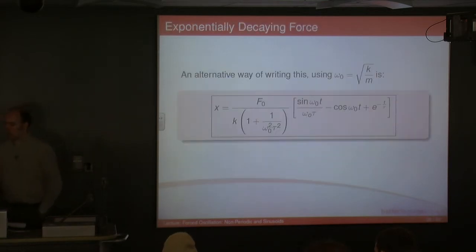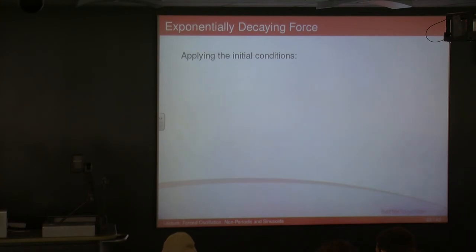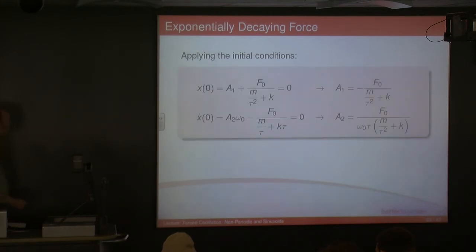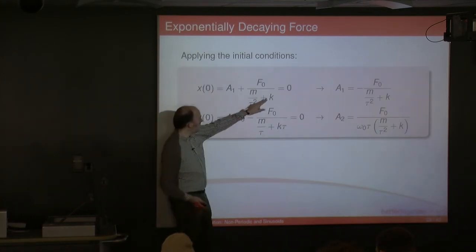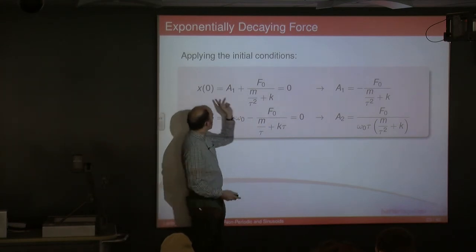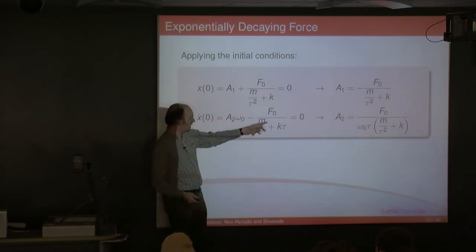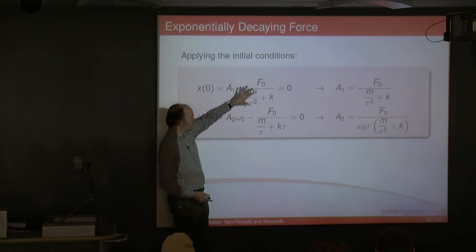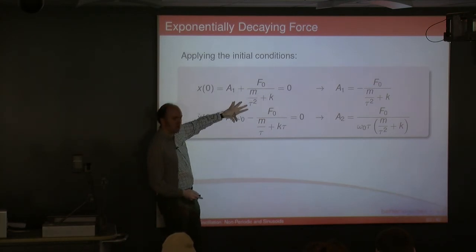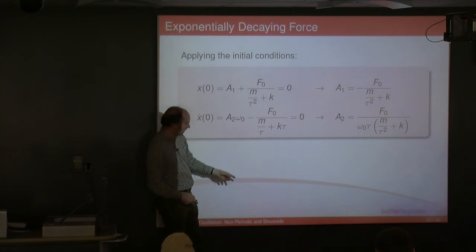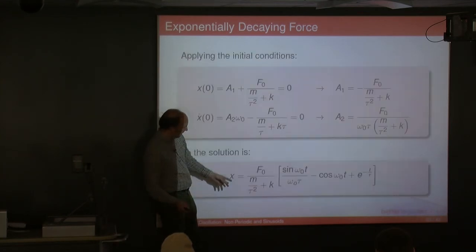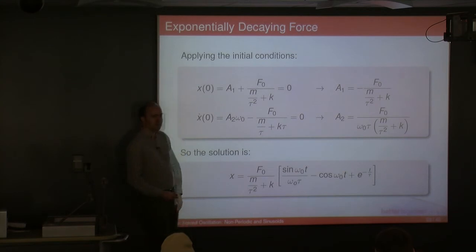If x of 0 is not 0 and x dot is not 0, then your general solution will be the same, but your exact solution, which is what we worked out down here, won't be the same.